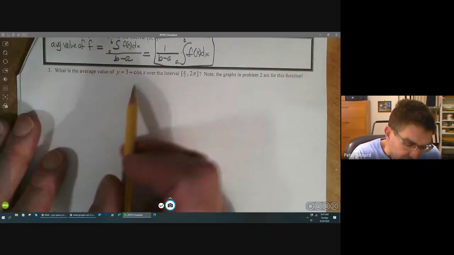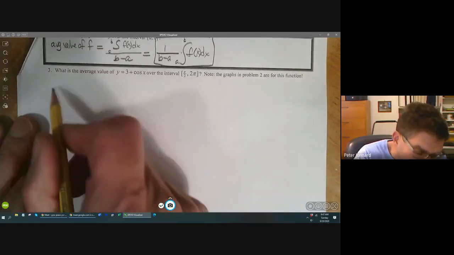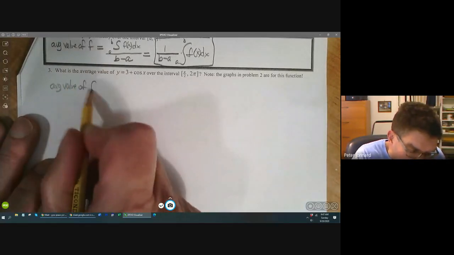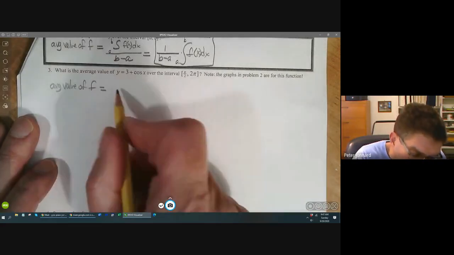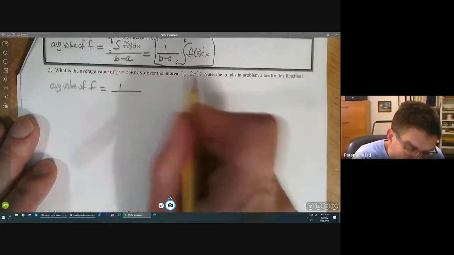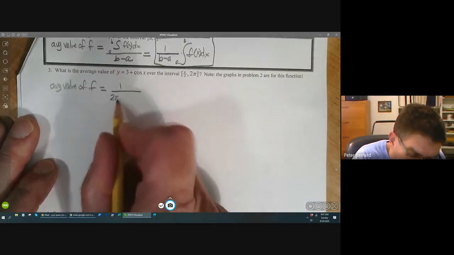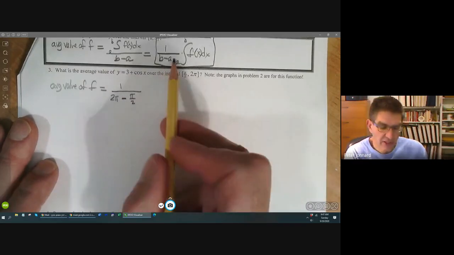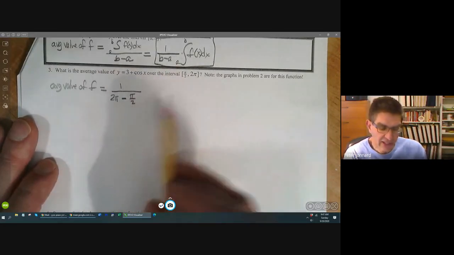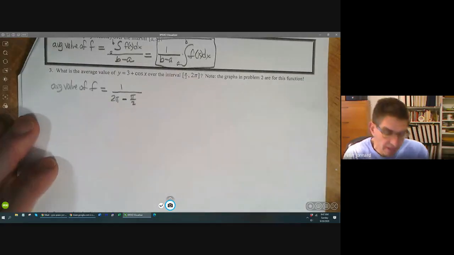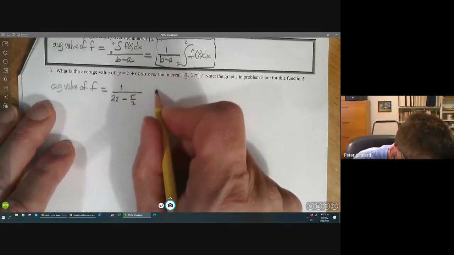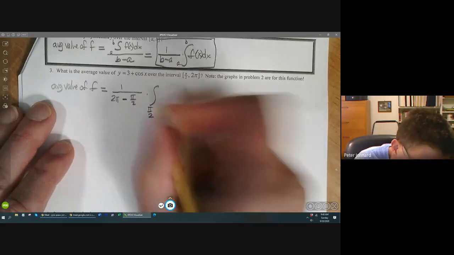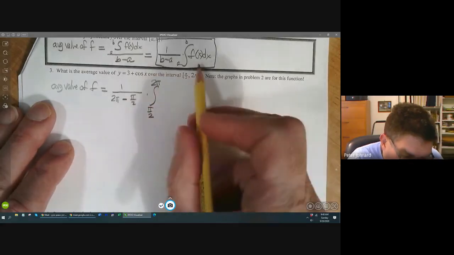What is the average value of this? Well, the average value of this function is equal to 1 over b minus a, 2 pi minus pi over 2. This is a good reason why it's best to pull this out front instead of having it underneath another messy thing. That would be multiplied by the integral from pi over 2 to 2 pi of, what function was it?